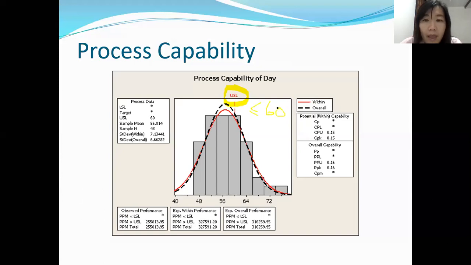This is the spec, and then we can see here the process is not very good. Yeah, the CPU is less than 1. Yeah, it's very poor.